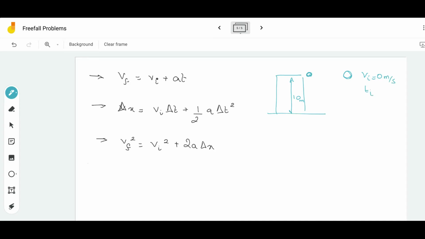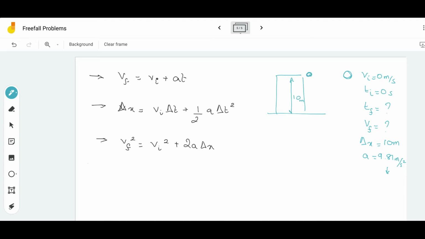Ti is equal to 0 seconds. Tf is unknown. Vf is unknown. Delta x is 10 meters. And a is 9.81 meters per second squared, acting downwards, positively downwards.